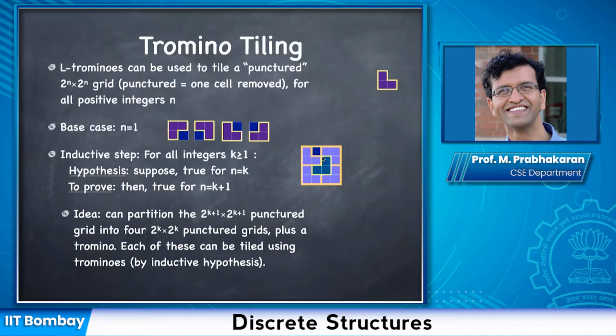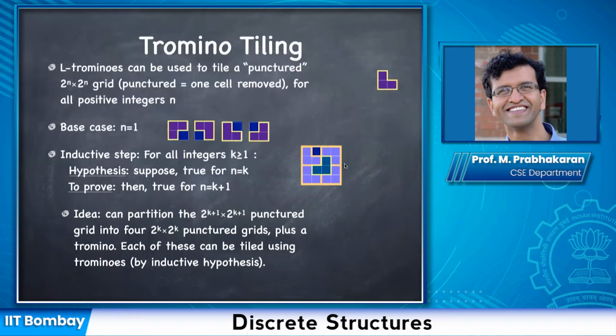The puncturing happened because of the removing of this one cell in that grid. And same with the other two also. So in all 3 of these cases, also you have a 2 to the k by 2 to the k punctured grid to be covered, and this covering you can do using the induction hypothesis, right?